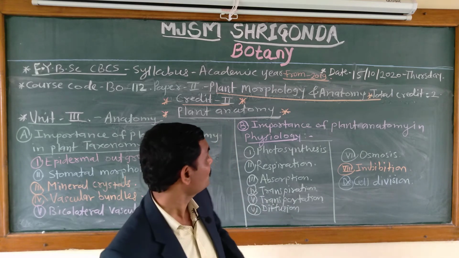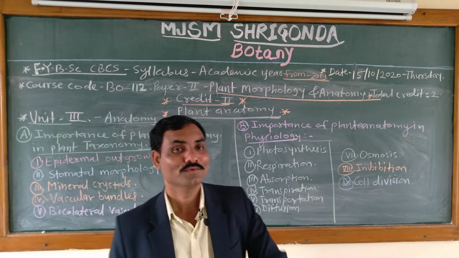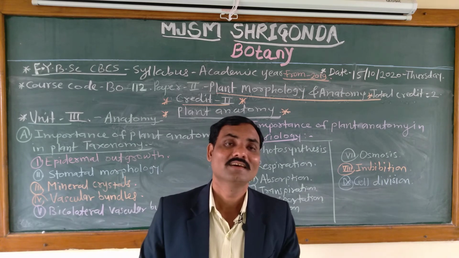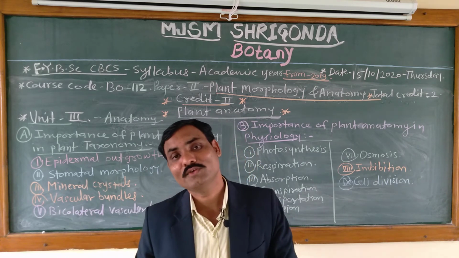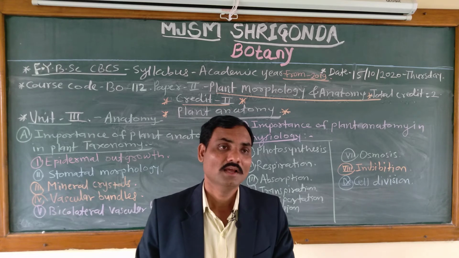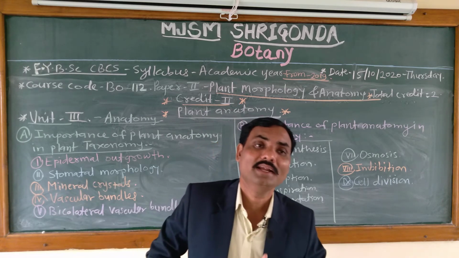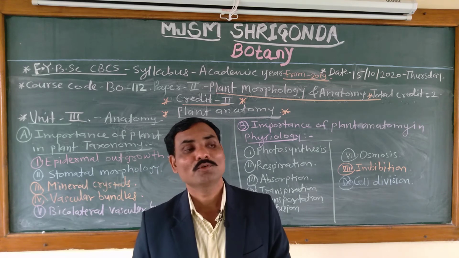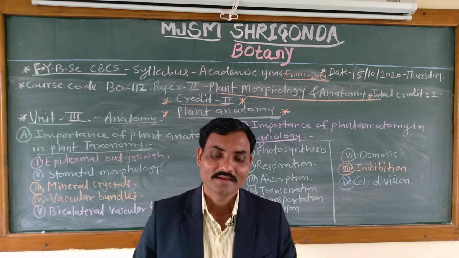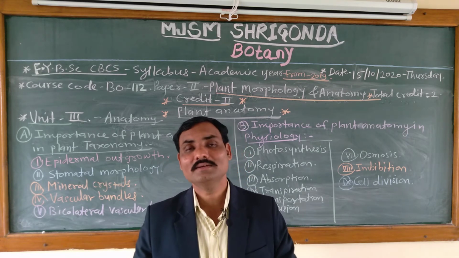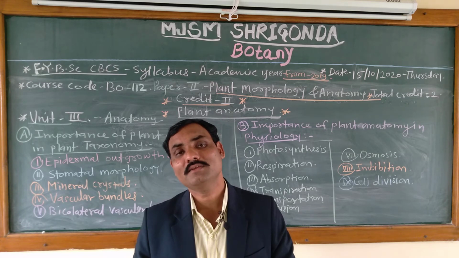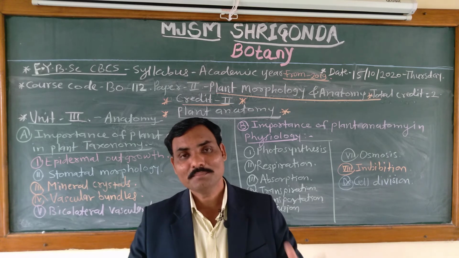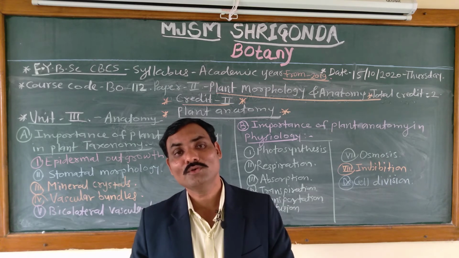First is photosynthesis. We know that a green pigment, the chlorophyll pigment, with the help of sunlight, produces food material. And palisade cells and mesophyll cells play a very vital role in the process of photosynthesis.